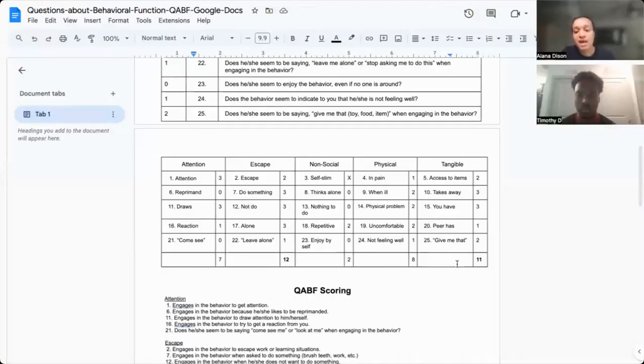In this case, the likely function could also be access to tangibles, because it's 11. And then you have a lot of attention and physical. Now, we could definitely cross out non-social. Obviously, it's not self-stimulation.